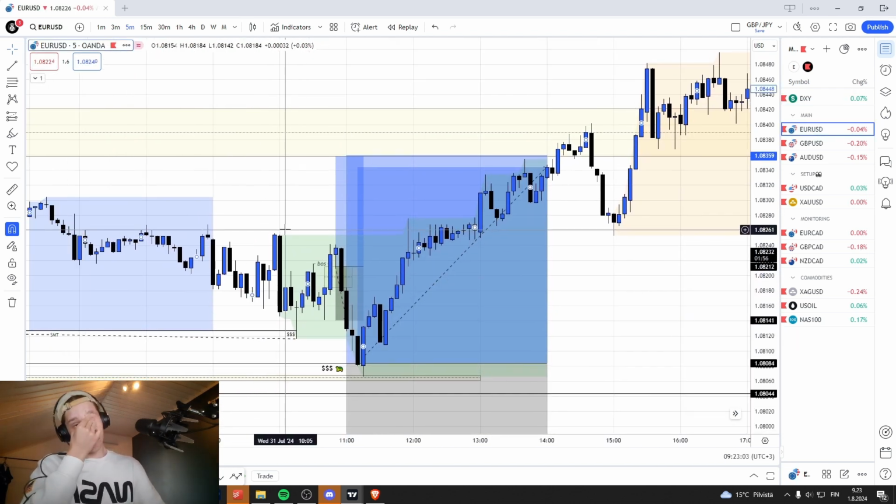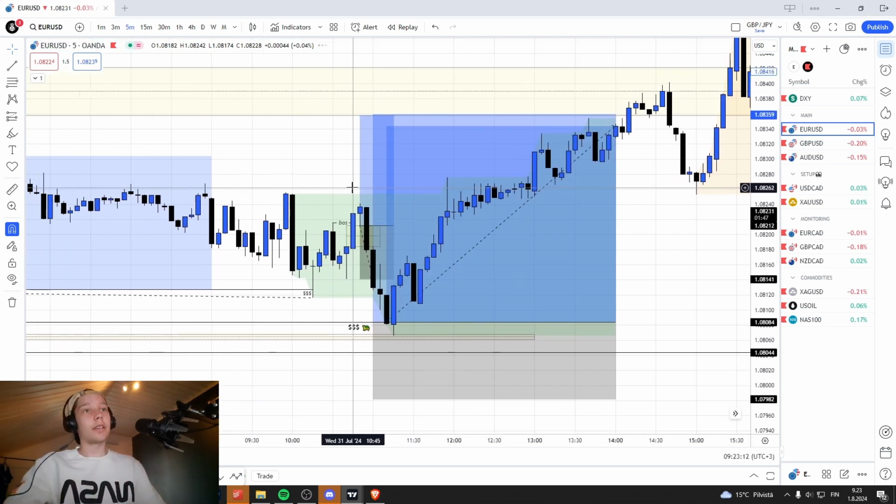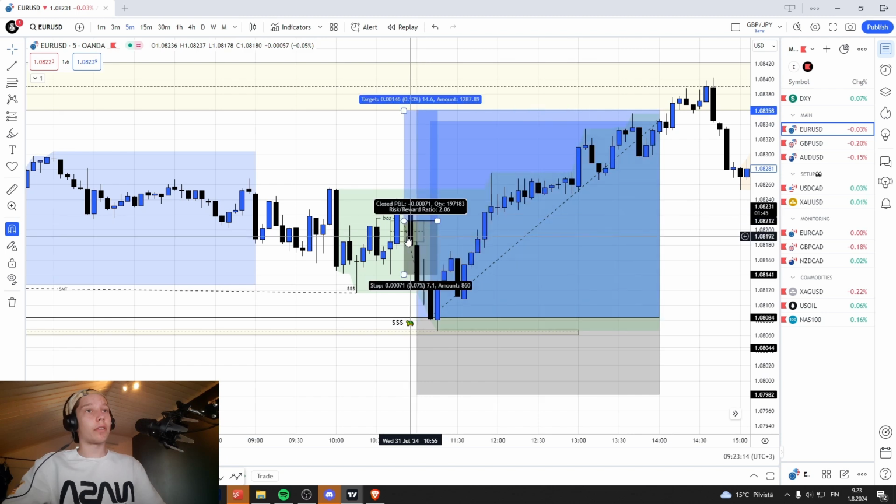what I should have been waiting for is DXY lining up better, and that's pretty much the case. If DXY lined up better, I think it would still be fine to execute this fair value gap here.